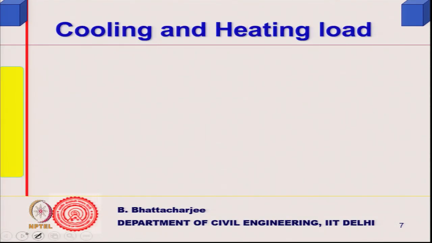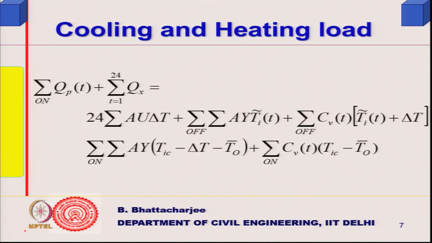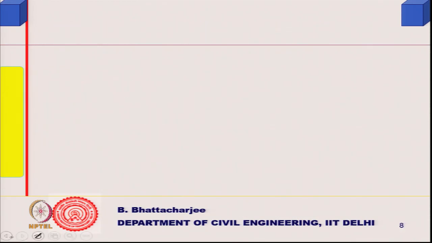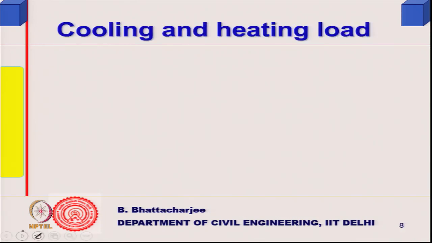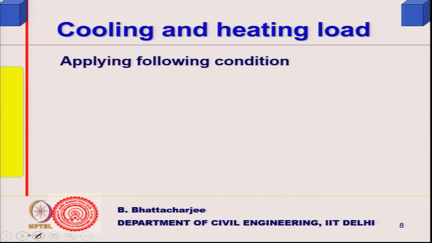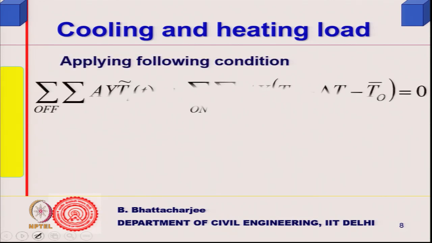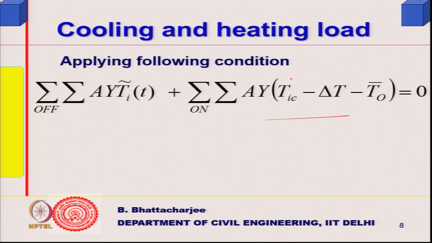So, when variable ventilation plant load you find out, same, again you are summing up everything, and the 25th equation you are getting, and in the same manner as before applying the following condition. This is the condition I apply, that sigma ai should be equal to 0 during off period as well as on period. The temperature swing inside, because this is mean minus outside.